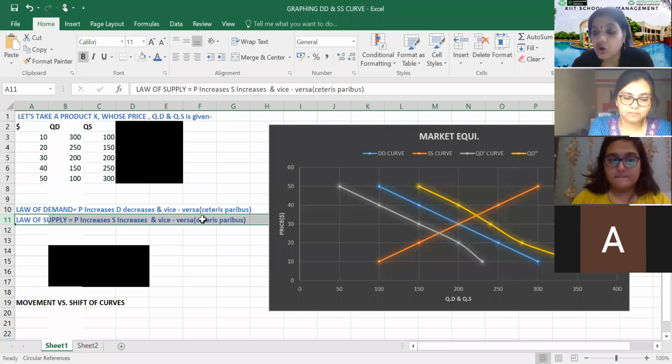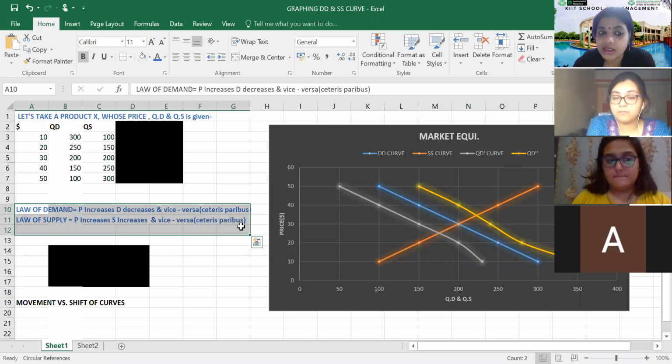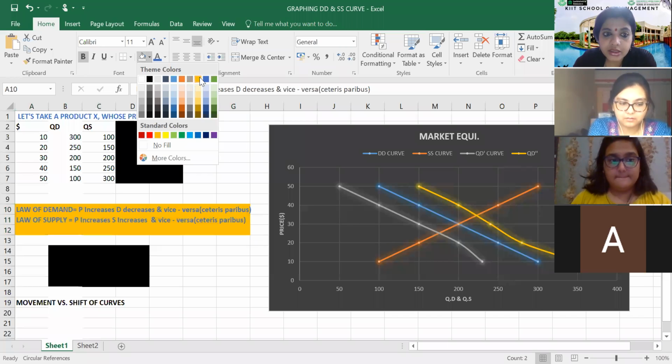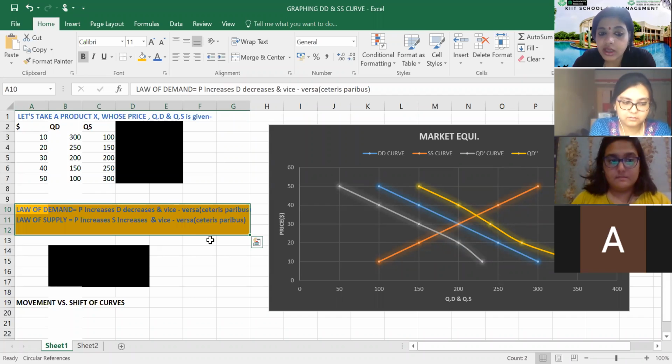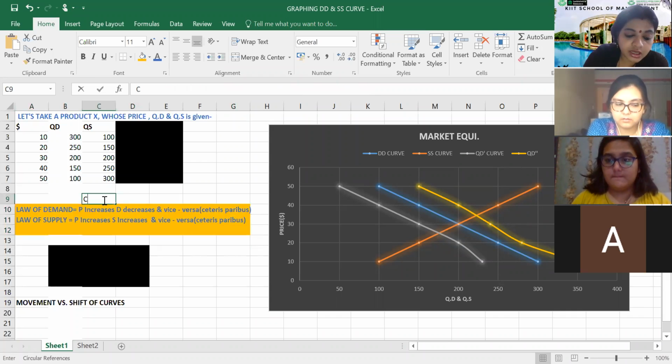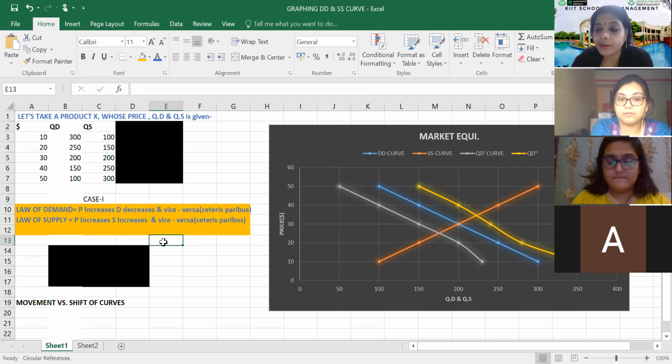So that is the law, but it is not necessary that both laws always exist. These two laws of demand and supply, it is not essential that they always hold good. These two are just case one, which we have studied in our previous classes. But in reality, both case one as well as the exception, which is case two, exist, right?